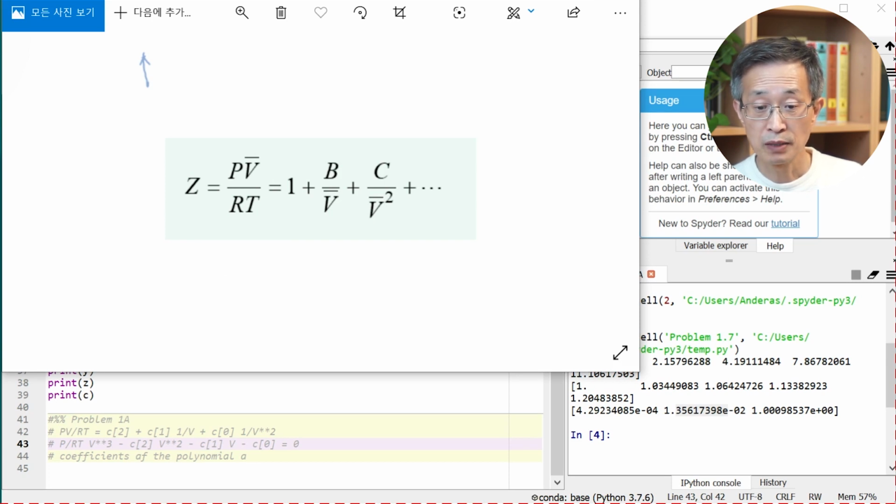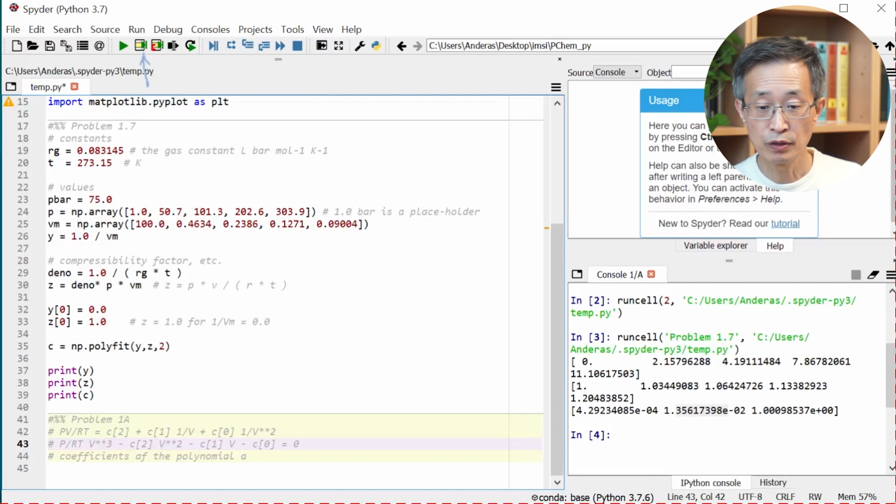Multiplying by V cube on each side, you get P over RT V cube, then minus C2 V square, and then minus C1 V, and then minus C0 equals 0.